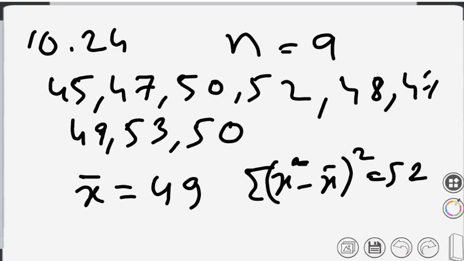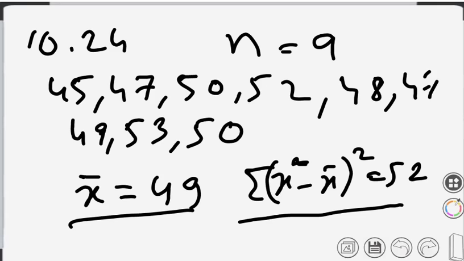So 4 square plus 2 square, তাই তো? 49 হচ্ছে 4 square, then 2 square plus 1 square plus 3 square plus 1 square plus 2 square plus 0 square plus 4 square plus 1 square gives you 52, right? So x minus x bar square is 52. These values are given, right?